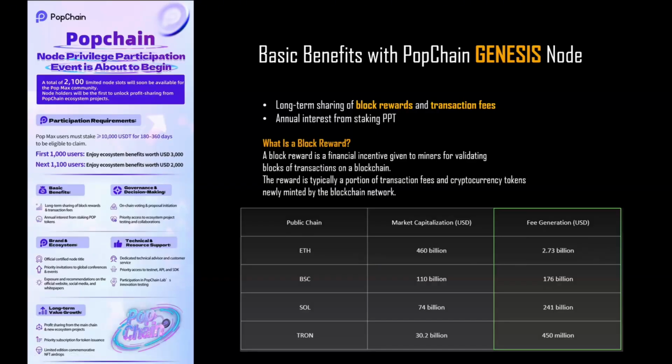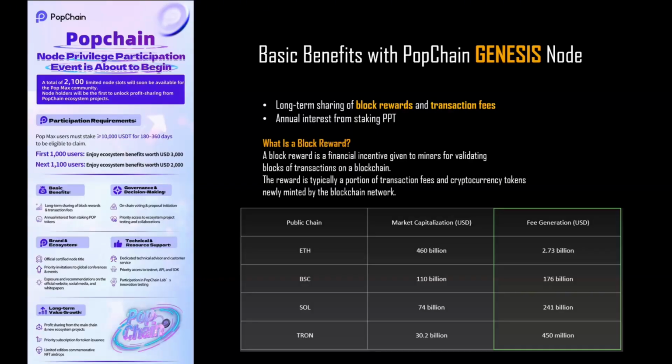Of course, if you were around and were into cryptocurrency and had a chance to even buy or mine or have a node at that time, you would be part of this 2.73 billion. And then we're looking at Binance chain. Now look at that.